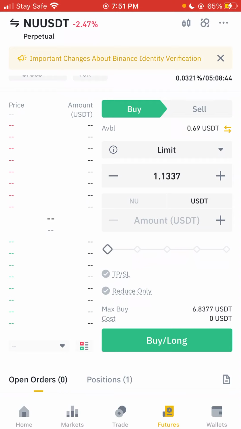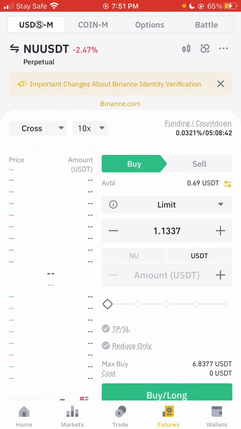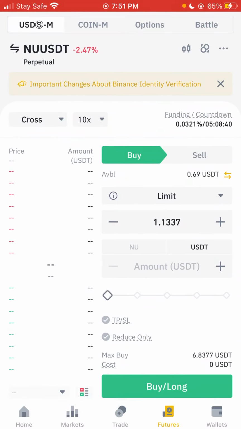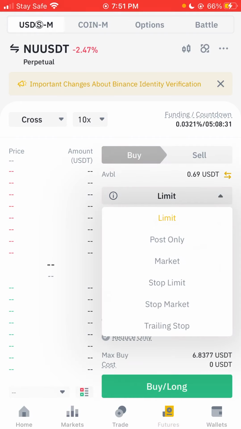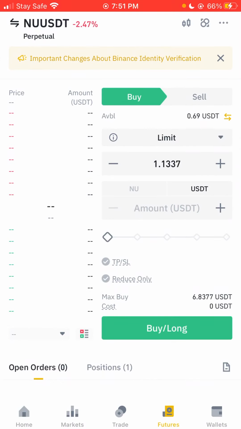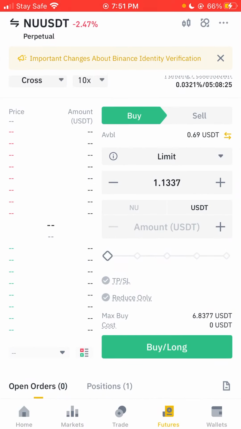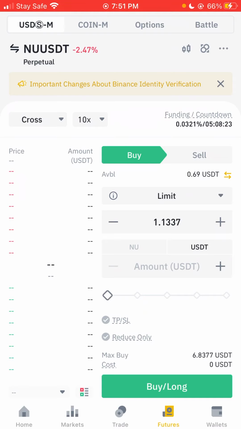Number 3: if you come here, you see a place that says buy and sell, right? If you scroll down, you see a place that says limits. Can you see limit? Let's assume you are given a signal to sell or to buy NUUSDT.